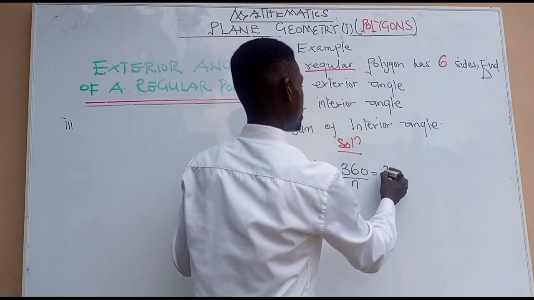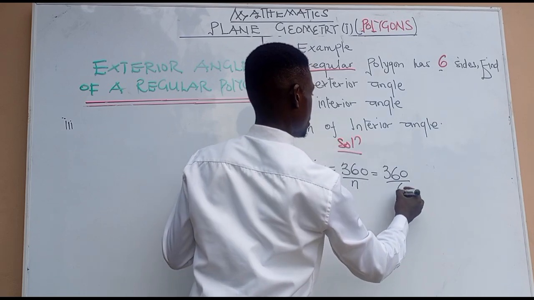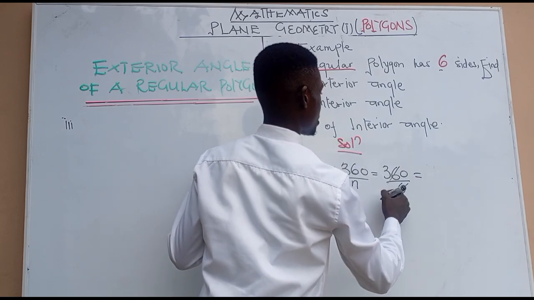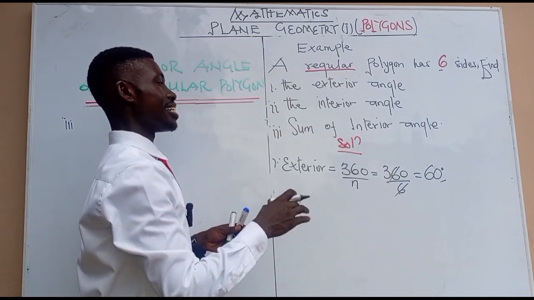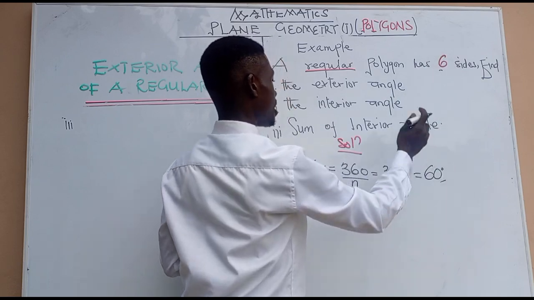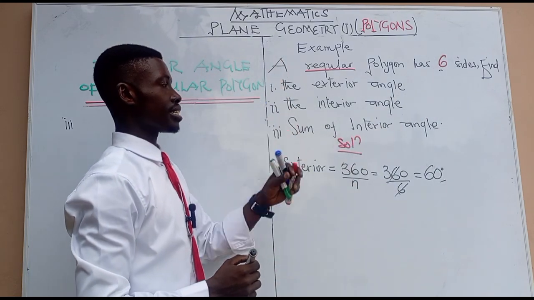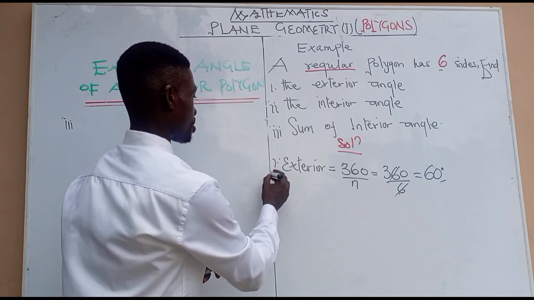So you are going to get 360 divided by 6, and that gives us 60 degrees. Therefore, the exterior angle of a regular polygon of 6 sides is 60 degrees. Let's take the next example. You can pause the video too, and then you solve it.